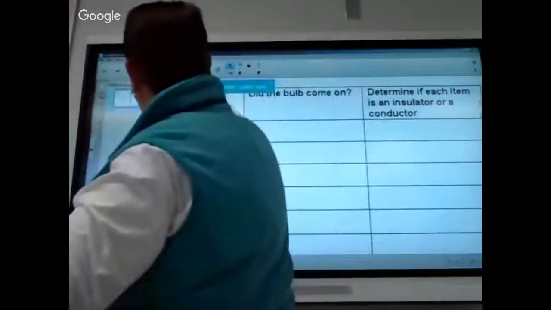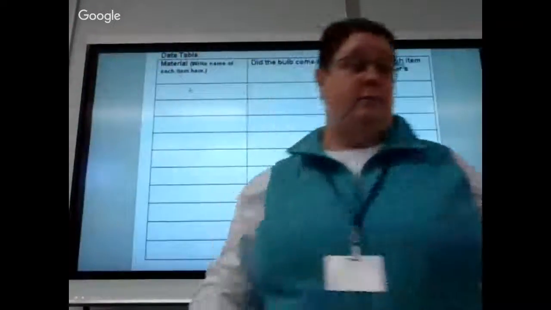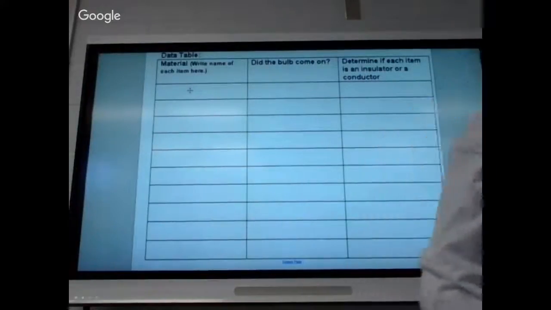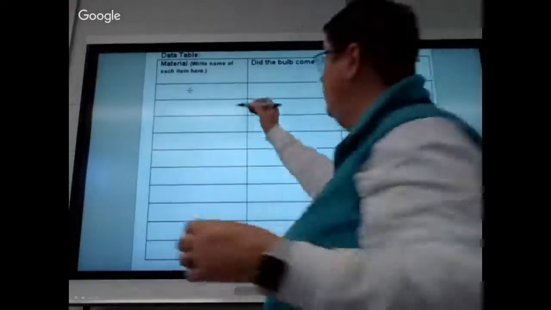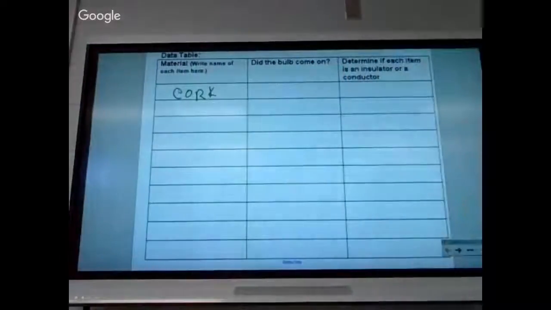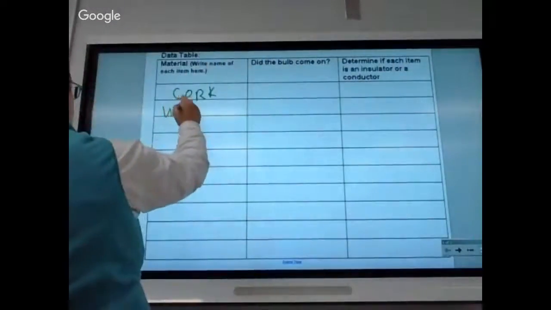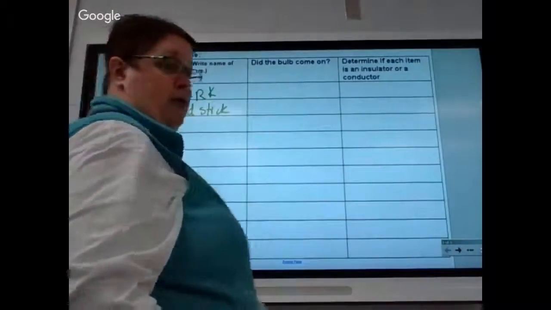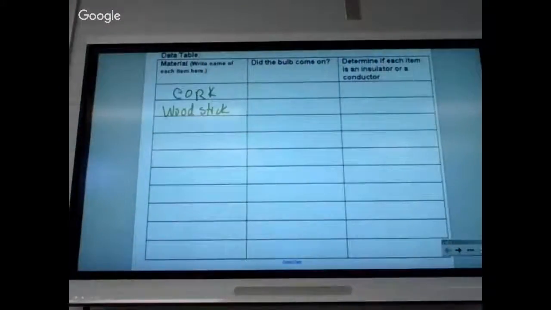All right, this is what? The battery, the light bulb, and the wire are separate. Those don't count. This is cork, so you should have a cork. This is a wood stick. Well, I'm counting on the people in the front row to tell me what it looks like. What's this?